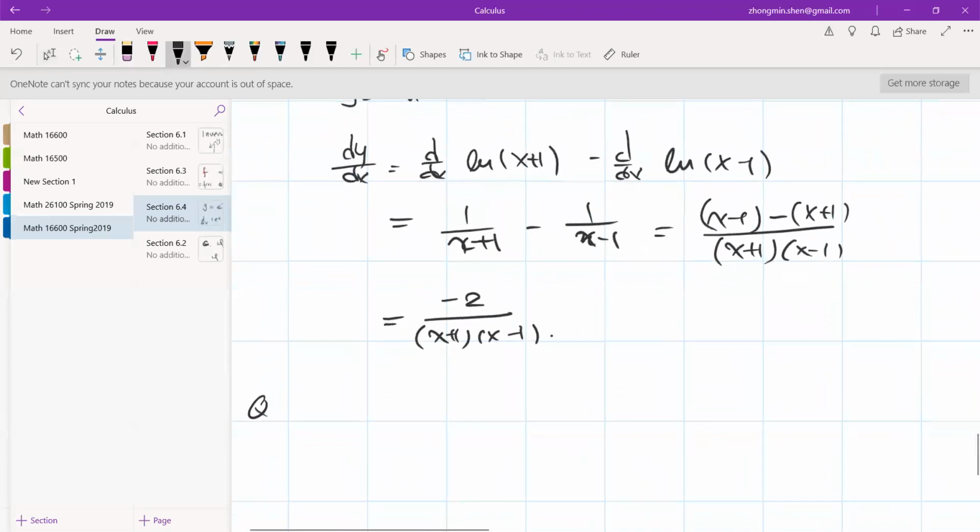So for practice, I wanted to find the derivative of (x squared plus 1) to the fourth power with respect to x.